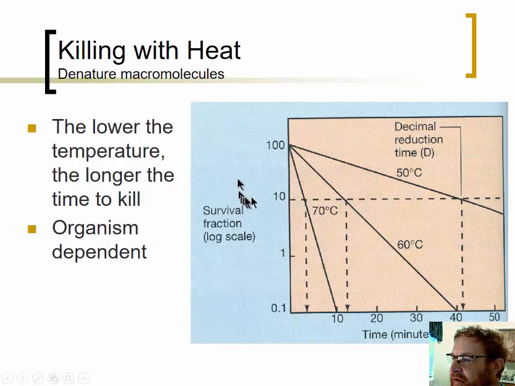You can see that at 50 degrees it takes about 40 minutes to kill 10% of the bacteria. Raise it up to 60 degrees, and now in just 12 minutes we have the same amount of killing. And to kill 10% of the cells at 70 degrees only takes about 4 or 5 minutes.